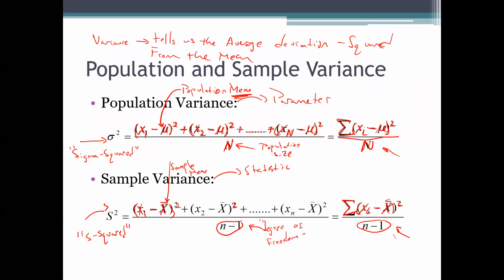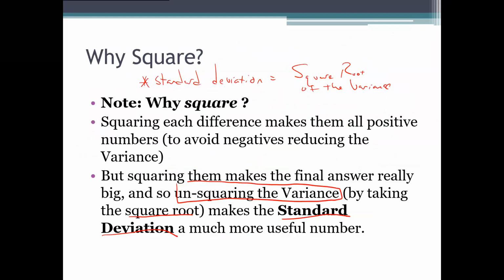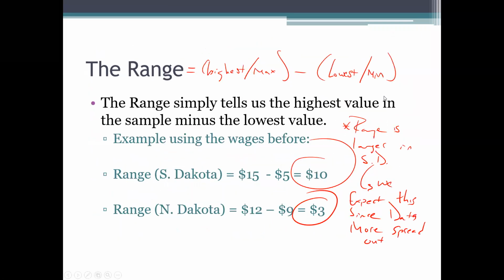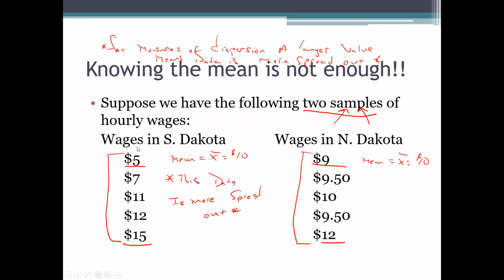Okay. So imagine you have all these data values. Let me go back here. Let's look at South Dakota. And I'll answer your question in a second about whether we need to remember them. This one right here: wages in South Dakota. The average is 10, right? How far away is someone who makes $5 from 10?